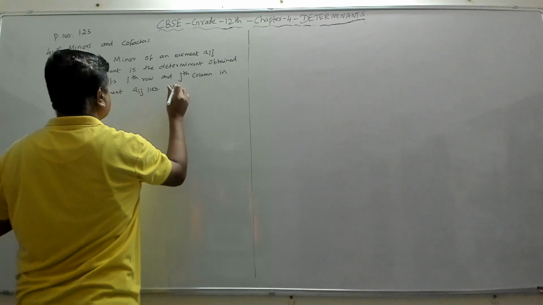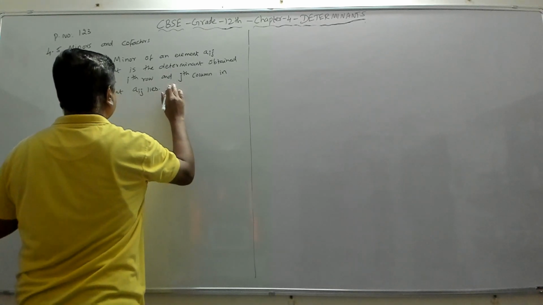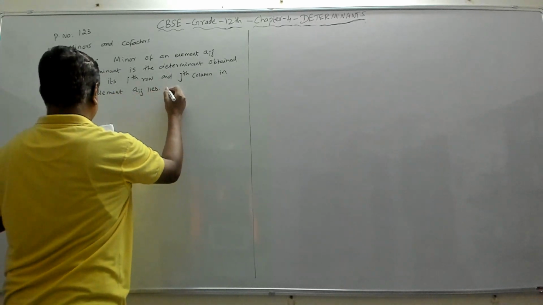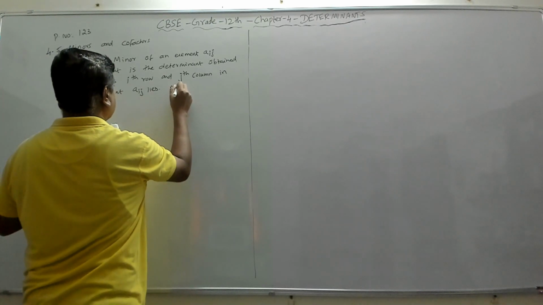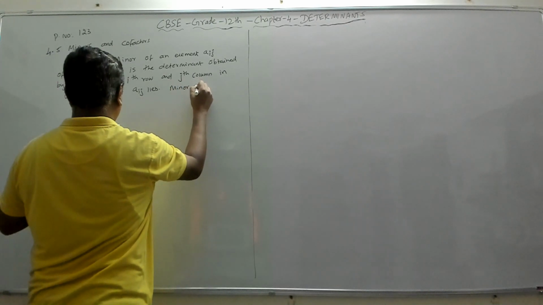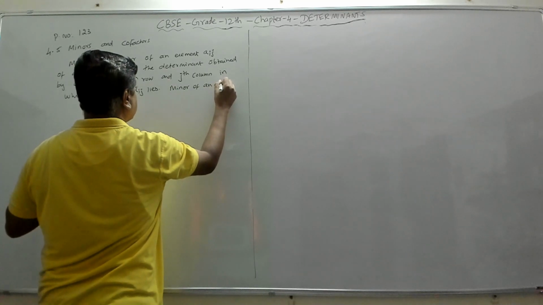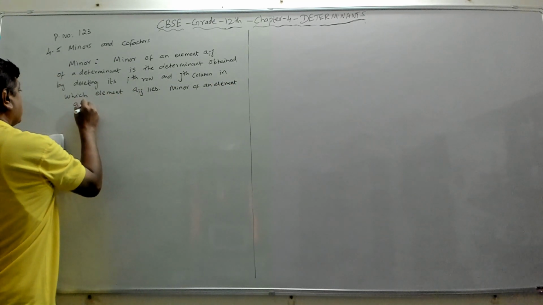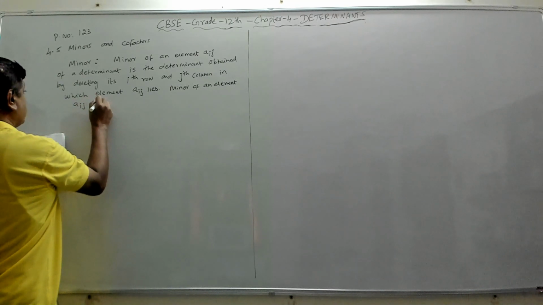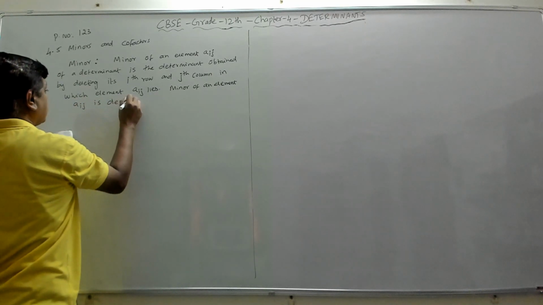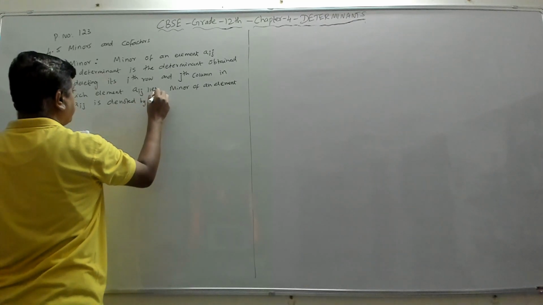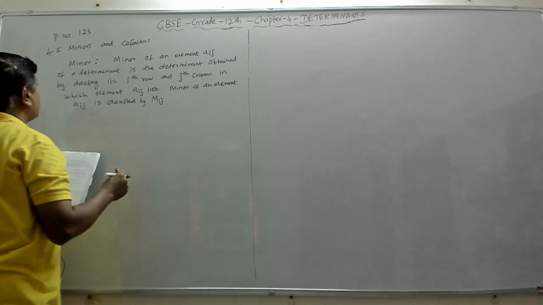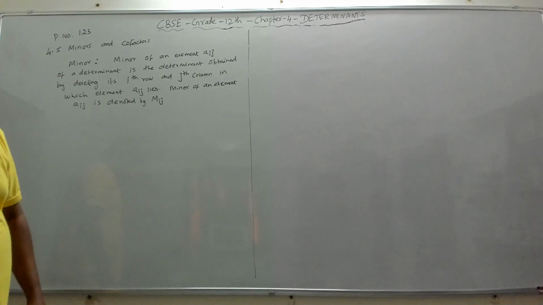The minor of an element Aij is denoted by capital Mij.